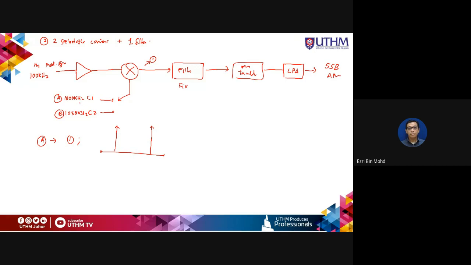Let's say it is 1000 kilohertz, so the upper sideband should be 1100 kilohertz. The lower sideband is 1 what? 900 kilohertz lower sideband, and there is no carrier, because here we are producing a double sideband suppressed carrier.